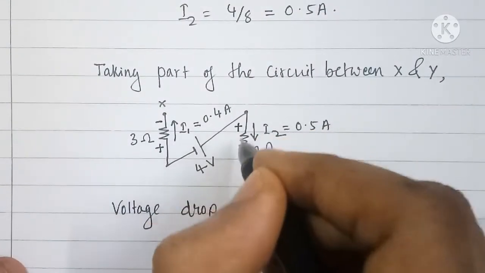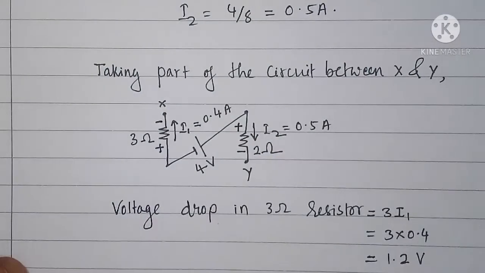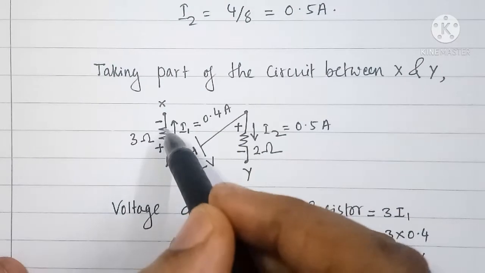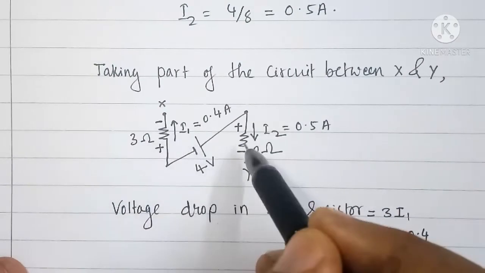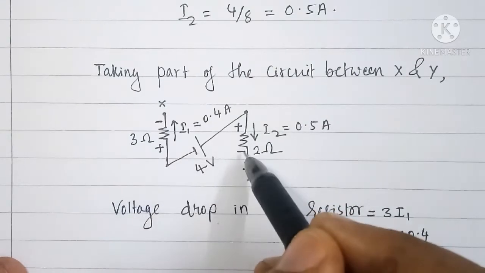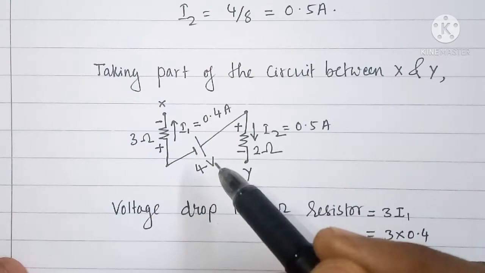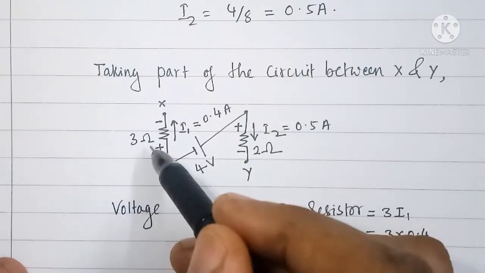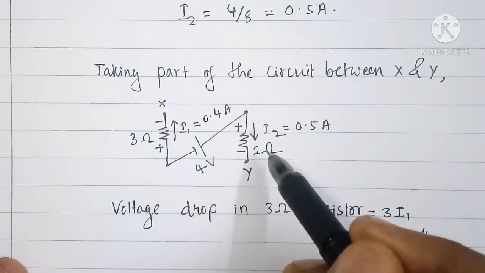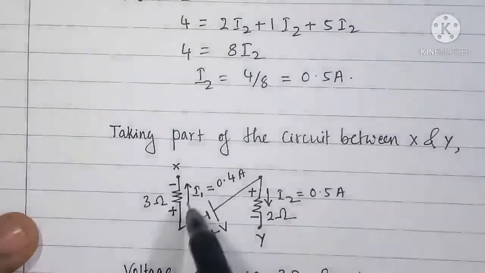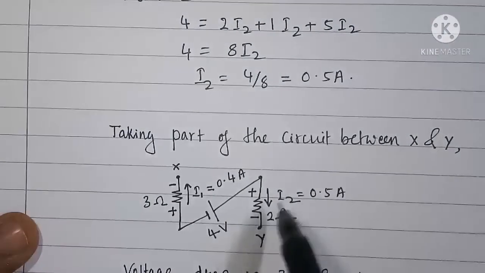So plus here and minus here. Now we will replace the resistors here, that is the 3 ohm resistor and 2 ohm resistor, by voltage sources having magnitude equal to the voltage drop in the 3 ohm and 2 ohm respectively, with the polarity shown here.